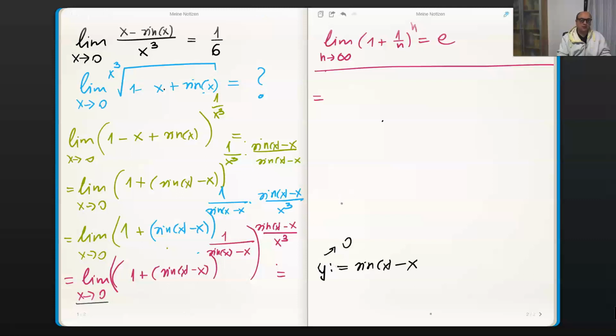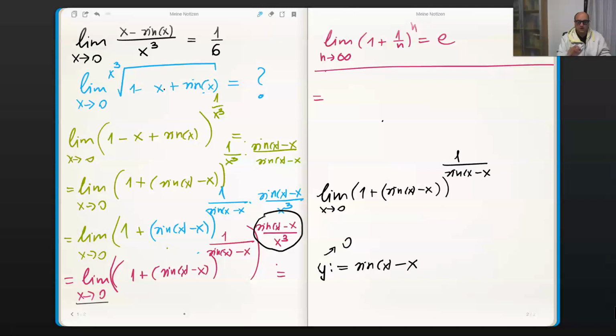So what do we have out of the limit x towards 0 of (1 plus (sine of x minus x)) to the power of 1 divided over (sine of x minus x)? Let's take this one outside for a second. With this substitution we have the limit y approaching 0 of (1 plus y) to the power of 1 divided by y, right?